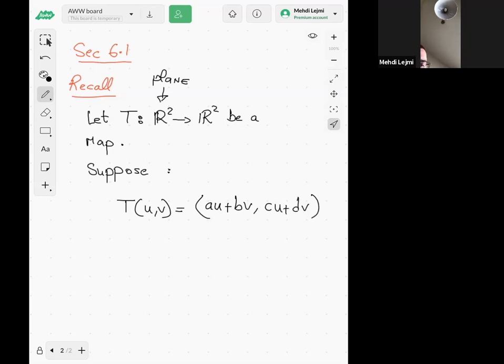Where A, B, C, D are constants. So the U and V are my variables, my coordinates. And A, B, C, D are just constants.